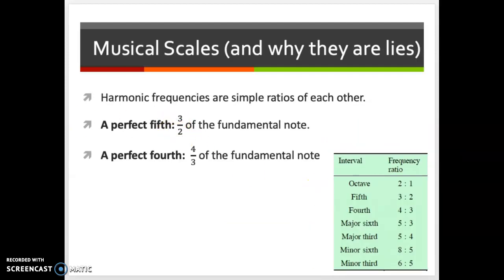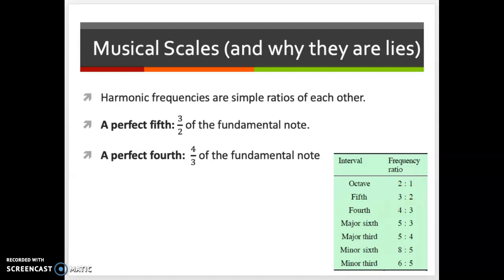And that's why some of these really simple ratios of frequencies sound good. An octave is a 2-to-1 ratio. A fifth is a 3-to-2 ratio. A fourth is a 4-to-3 ratio. And that's because if you take the beat frequency, you're going to find that it gives you an octave of one of the notes. So it's the beat frequency that makes it sound good.